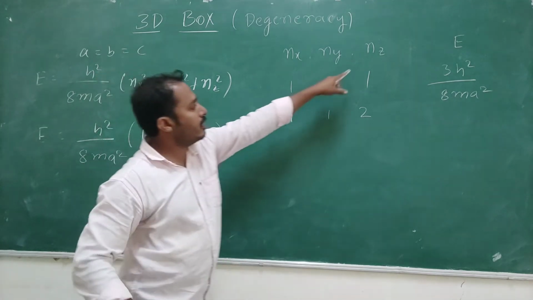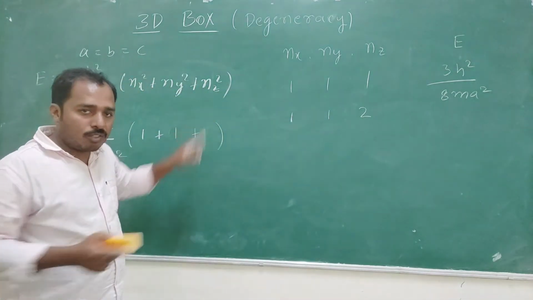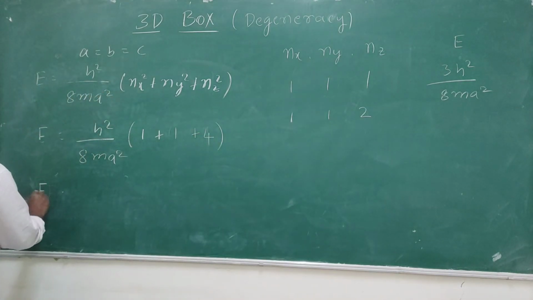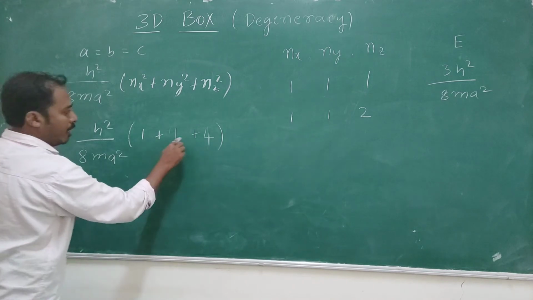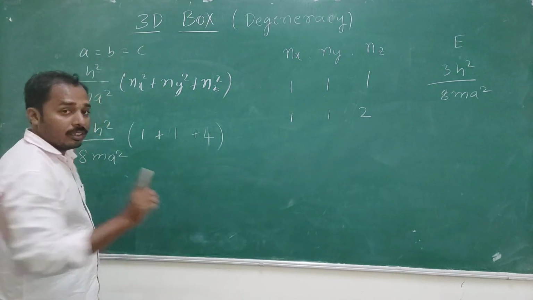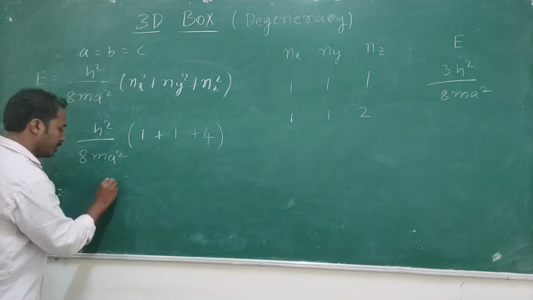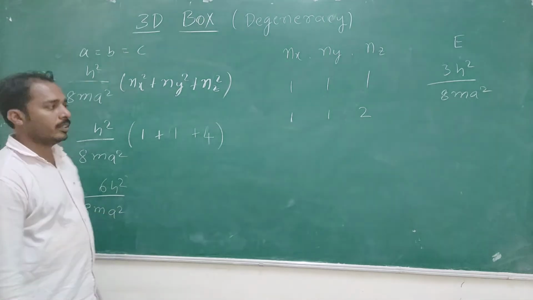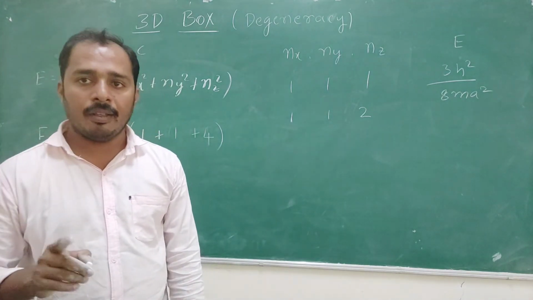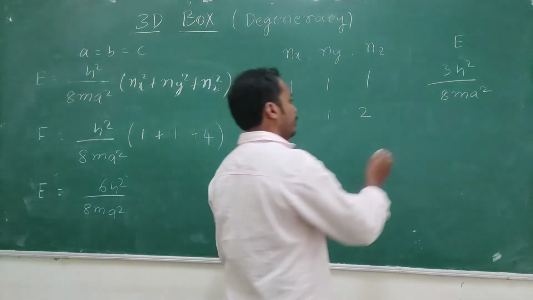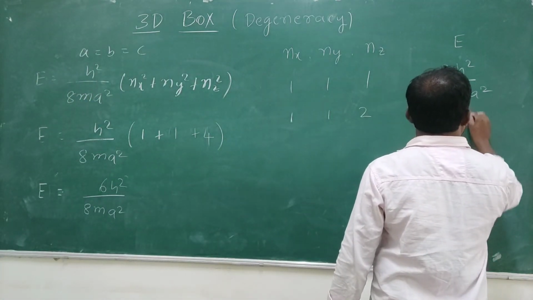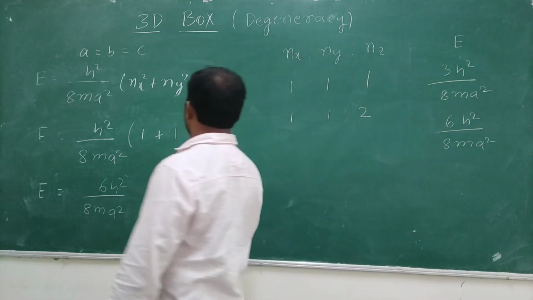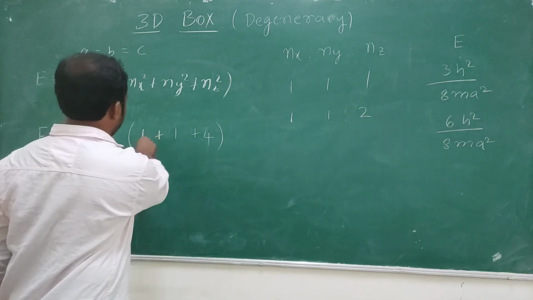Here nz is equal to 2, and 2 square is 4. So E is equal to 4 plus 1 is 5, 5 plus 1 is 6, so 6h square divided by 8 m a square. This is the energy of the first excited state.